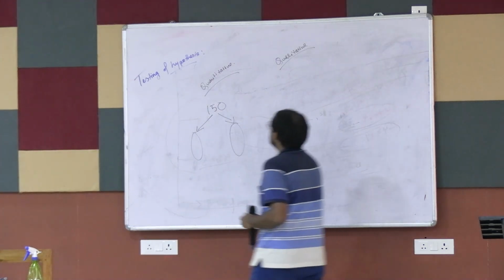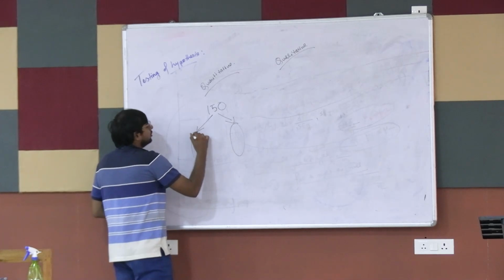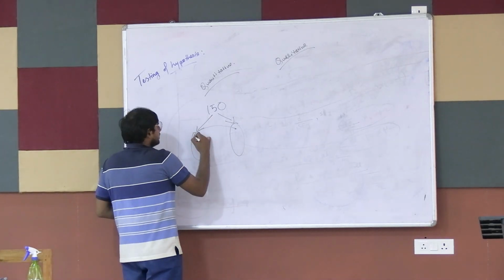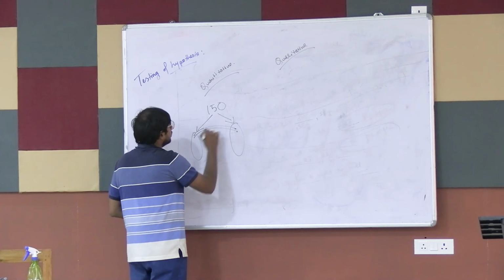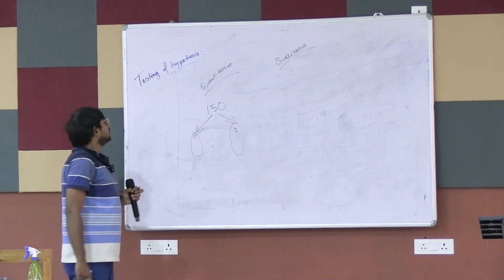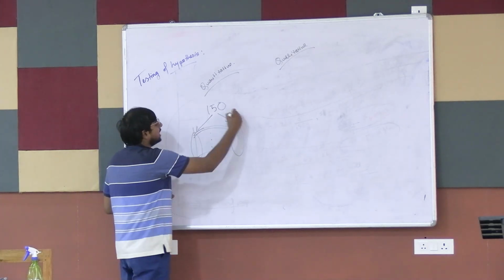So here the first value has direct correlation with the first value, the second value has direct correlation with the second value, and so on.